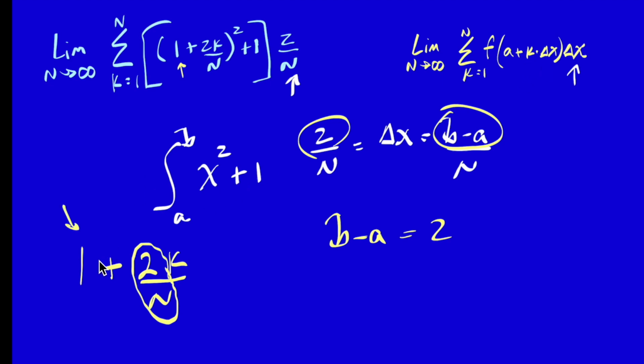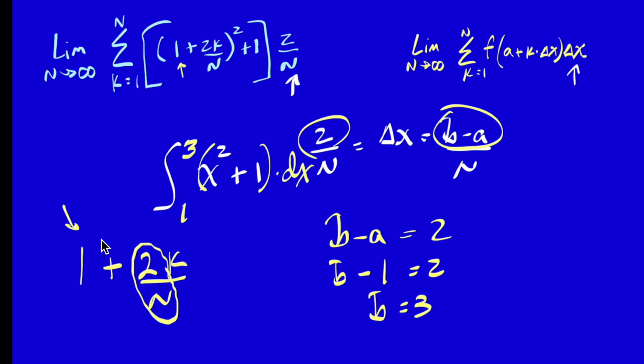So that must be our a value. So if we know that a equals 1 and that b minus a equals 2, we know our b value is 3. Therefore, our final definite integral is going to run from a to b, a being equal to 1 and b equal to 3, and this is going to be times dx.